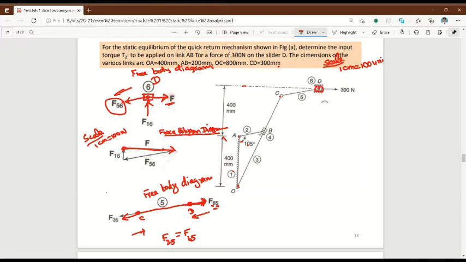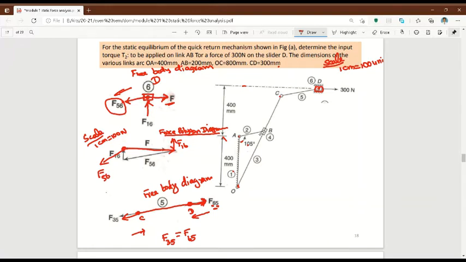After this, we have to draw F16 and F56. I know the direction for F16 and F56, but I don't know their values. If I draw F16 at this point, I have to draw F56 on this point, so the diagram will be incomplete.